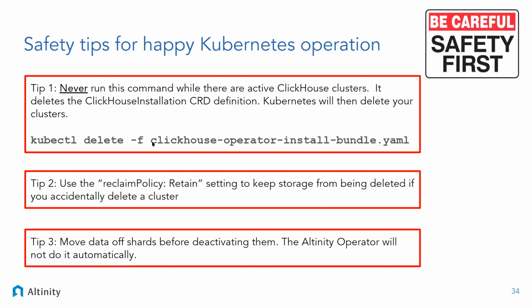And in fact, if you try and install the operator again, it will go ahead and delete it. This is just Kubernetes behavior. There isn't really, that I know of, a way around it. So you want to be very, very careful about running this command. In fact, when you clean up, you want to delete your clusters first, and then you can run this command and clear off the operator and all the custom resource definitions.